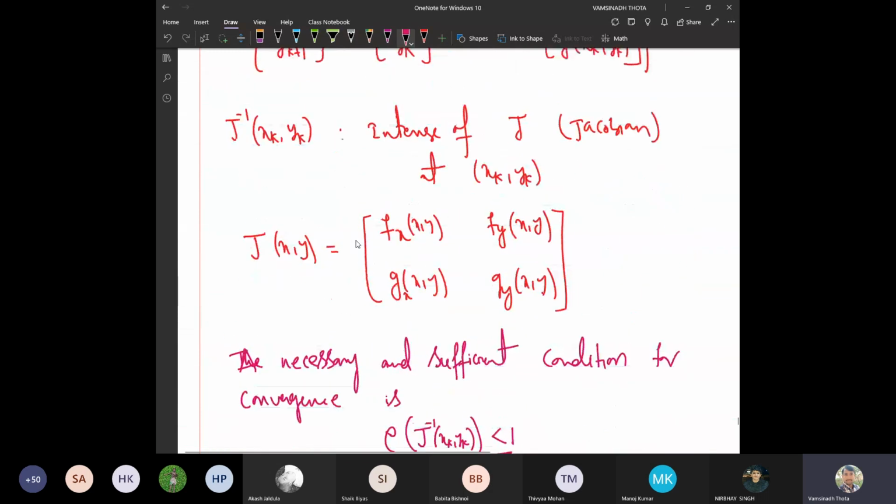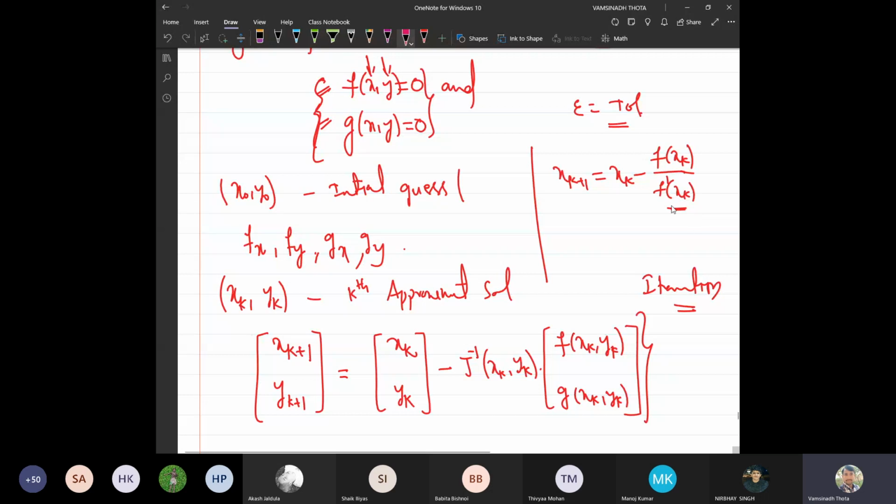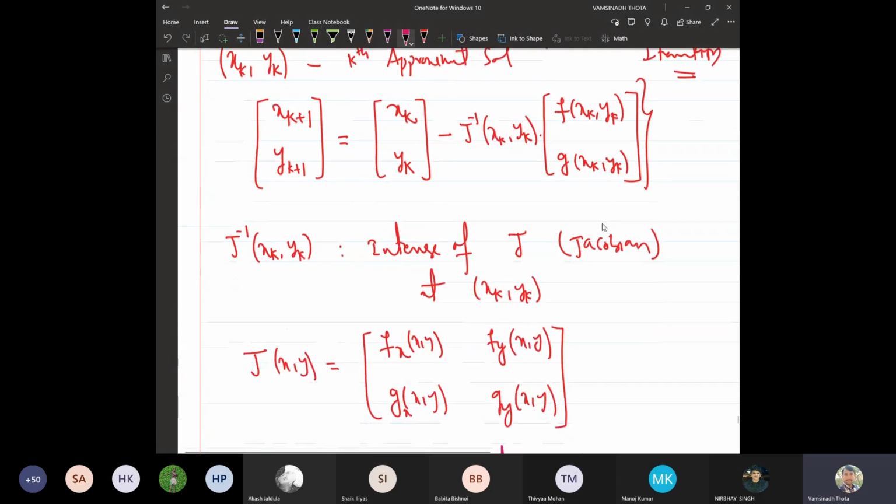Now, I forgot to tell you one thing. In the one variable case, if the derivative of the function becomes 0 at some point, then we cannot proceed further, so the Newton-Raphson method fails. What is the condition here? First, J inverse should exist.